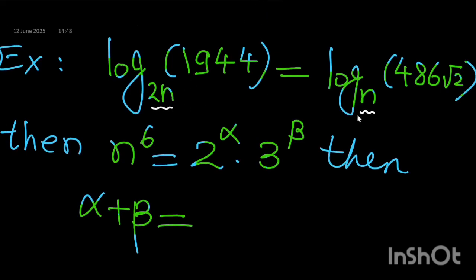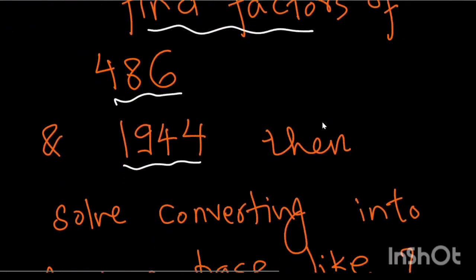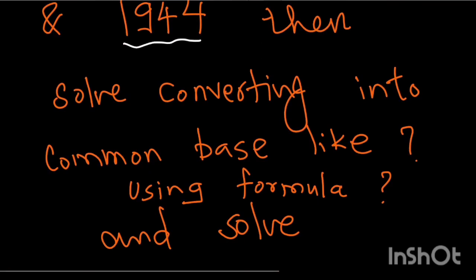So a common base can be taken, which is n. So we can convert them into a common base like n. We can take base n; other bases 2 or 3 also can be taken. If you factorize, you will get basic prime factors like 2, 3 and 5, but from the question itself we can say that common base n we can take.